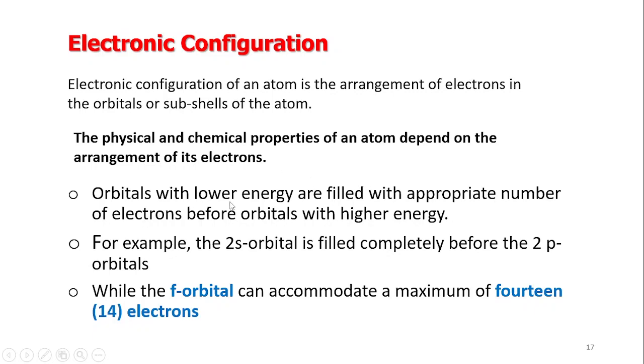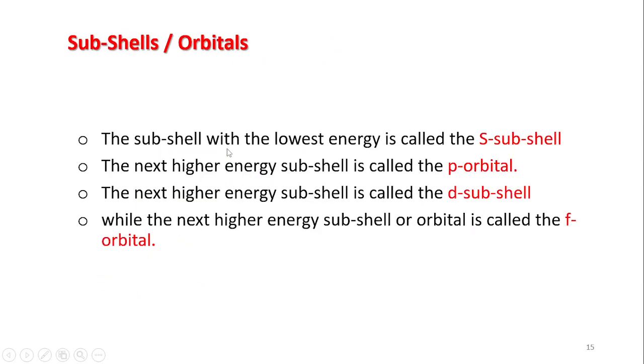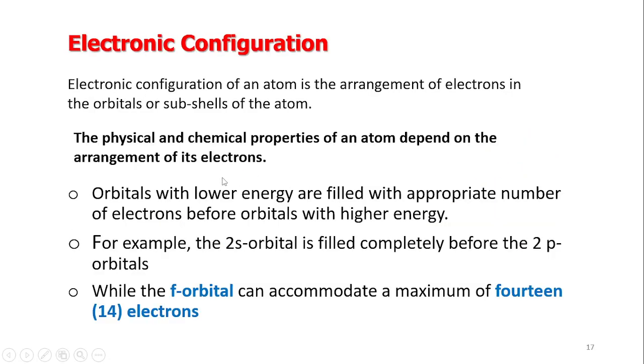Orbitals with lower energy are filled with the appropriate number of electrons before orbitals with higher energy. As has been stated, the subshell with the lowest energy is called this, next is this, so what this indicates is that we need to completely fill the s orbital before we get to the p orbital and move gradually in that manner.